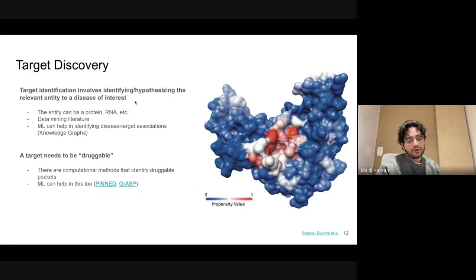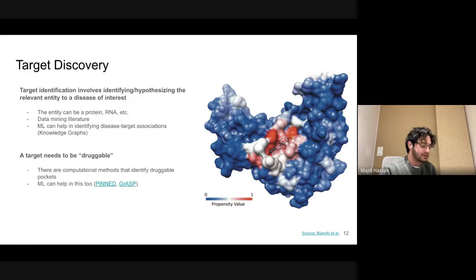So these are the two more important criteria: is it associated with the disease of interest, and can we drug it? There's been a growing field of ML methods and even computational methods around this. Two that came out recently, I think in the last year, are Pinned and Grasp.